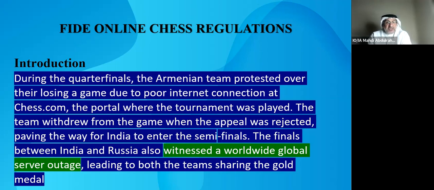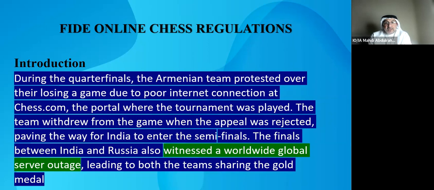They were playing on chess.com but faced a poor connection, and they went for a protest. But the protest was rejected. The Appeals Committee rejected the protest. In this case, the Armenian team decided to withdraw from the Chess Olympiad.